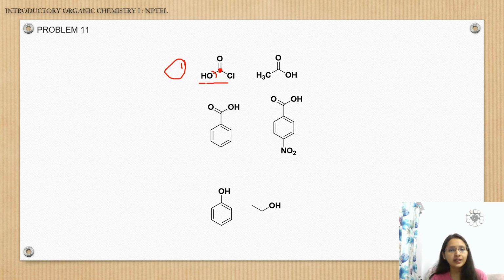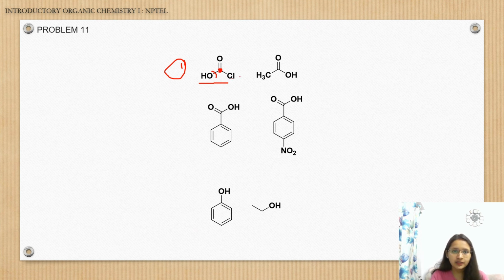Now tell me, which is the electronegative atom attached in chloroacetic acid or acetic acid? Anyone? Okay. So guys, what happens here?